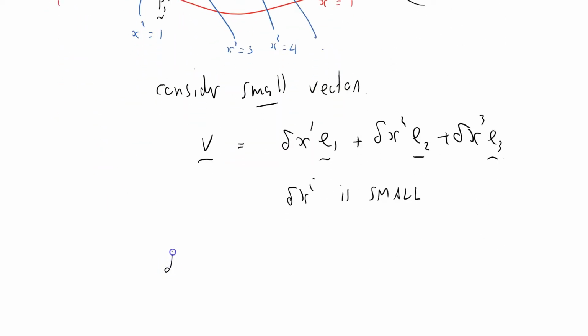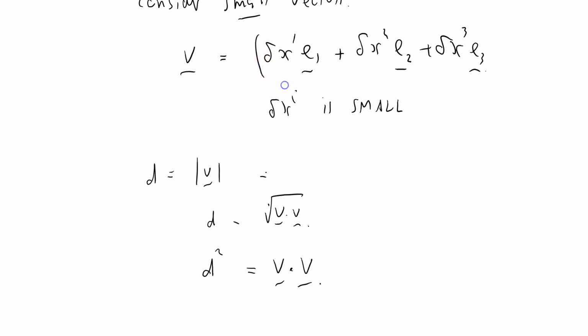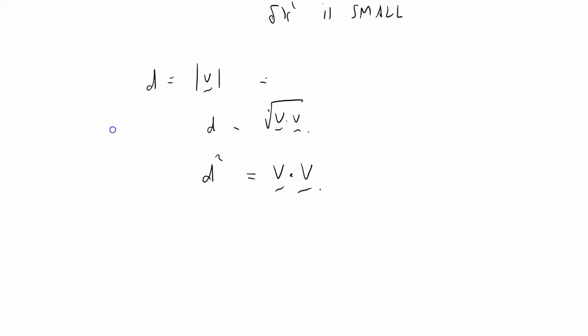If I define d to be the modulus of v, then d equals the square root of v dot v, but it's easier to consider d squared, which is just v dotted with itself. I'm going to consider just small vectors here.